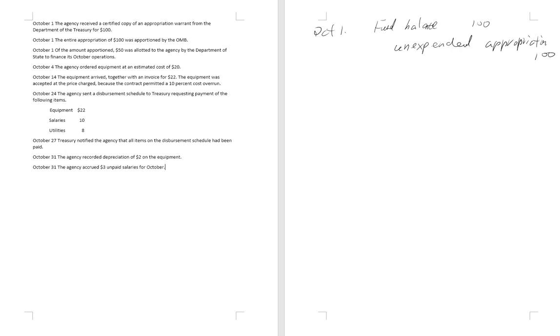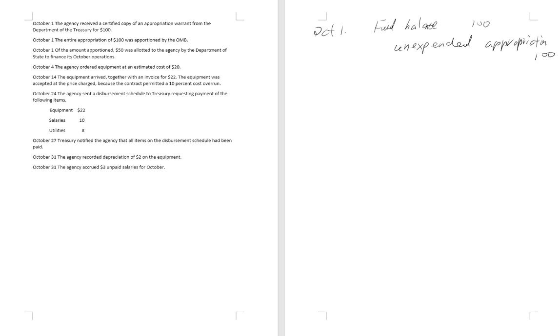So this is an asset we have, and this is an equity we have. Then for the apportionment, we don't have to record anything in the proprietary work.